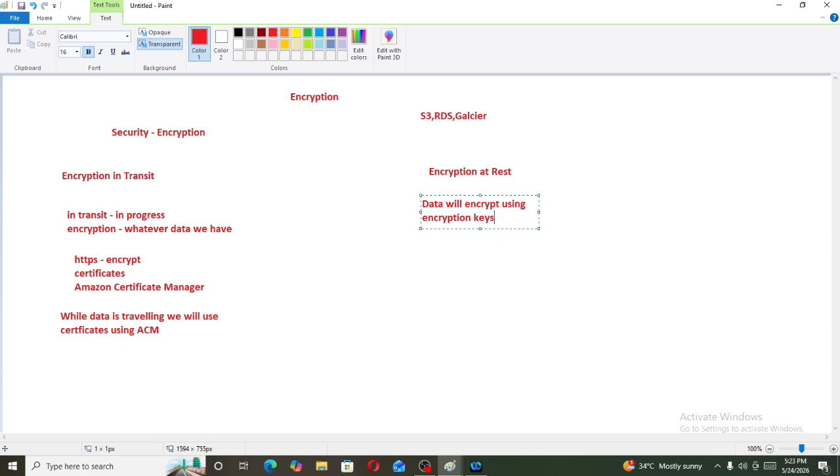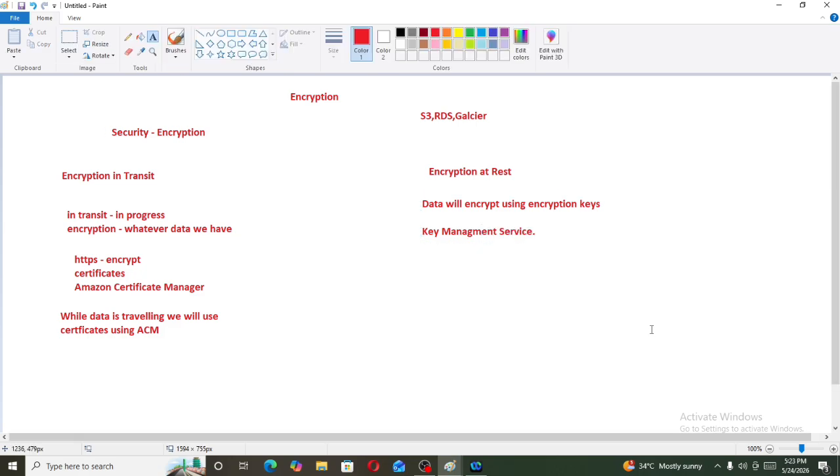There is a service known as Key Management Service to manage those keys. In encryption at rest, our data is sitting in S3, RDS, or Glacier, and it is encrypted using encryption keys taken from Key Management Service.